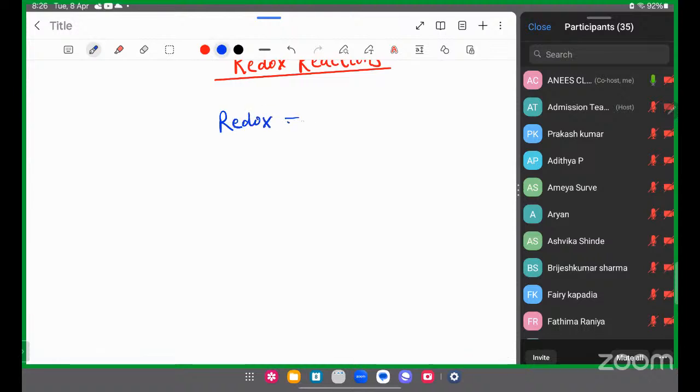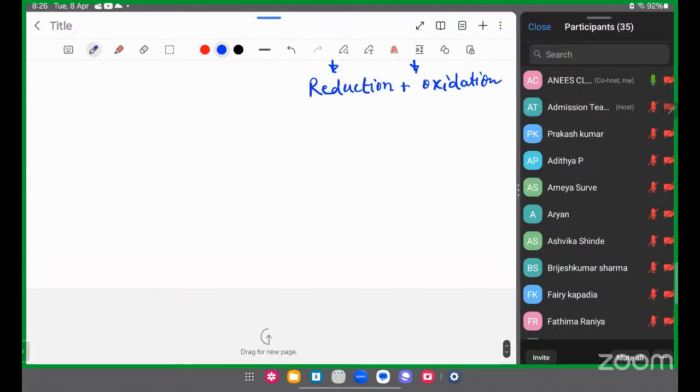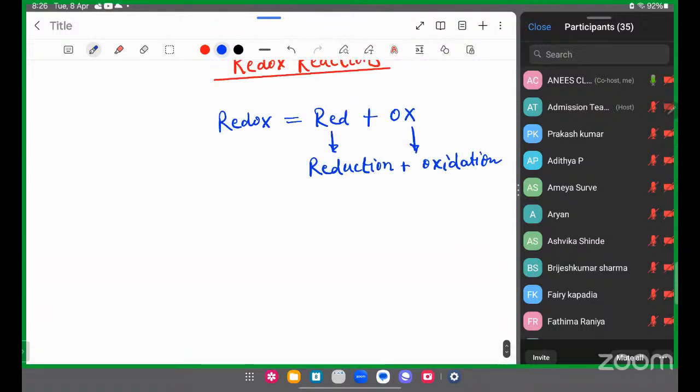Redox is a combination of red and ox. Red stands for reduction and ox for oxidation. So redox reactions are the reactions in which reduction and oxidation take place simultaneously.